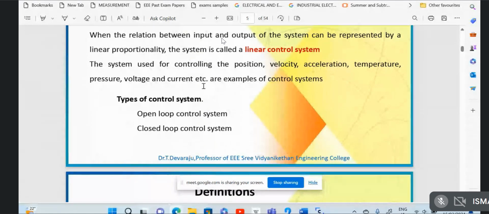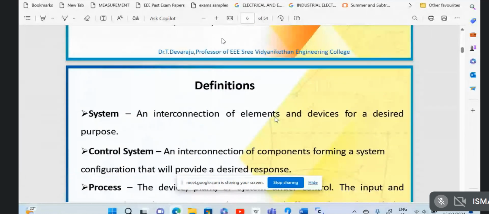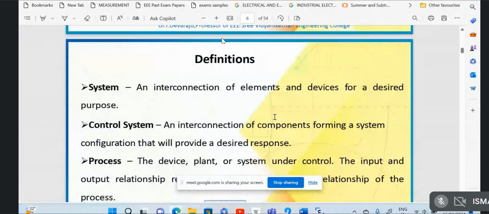So control is a way of making sure the output is not going outside the requirements. We also have open loop control system and closed loop, you know that. So a system is just an interconnection of elements.